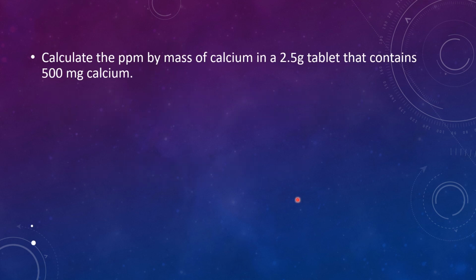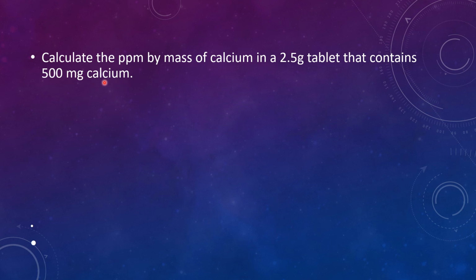So here an example is given. Calculate the parts per million by mass of calcium in a 2.5 gram tablet. It means the 2.5 gram tablet contains how much calcium? The amount of calcium given is 500 milligram.